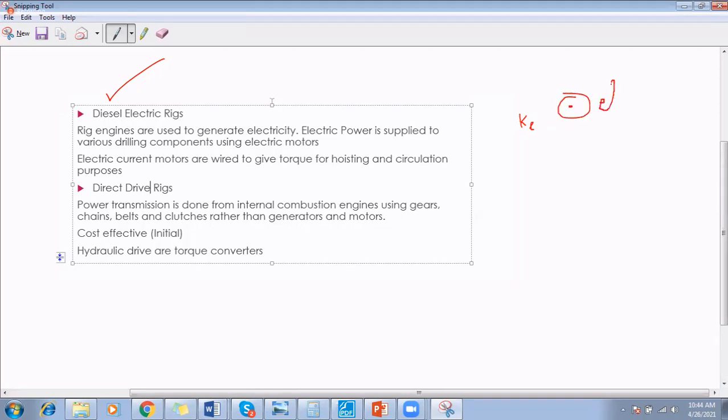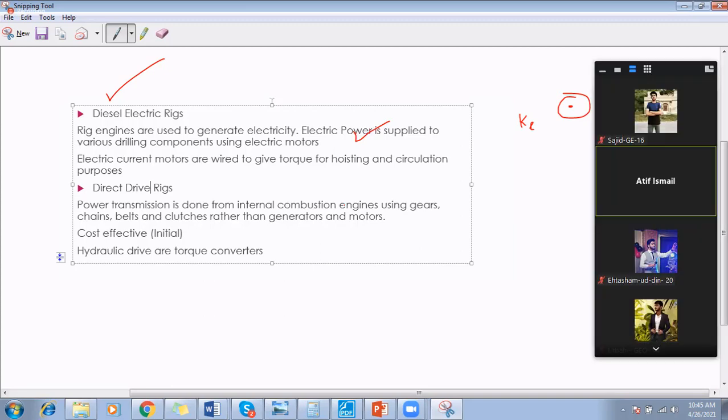Electric motors are used in diesel electric rigs, while engines are mainly used in direct drive rigs, where power transmission is done from the internal combustion engine and transferred to other parts using chains and belts.